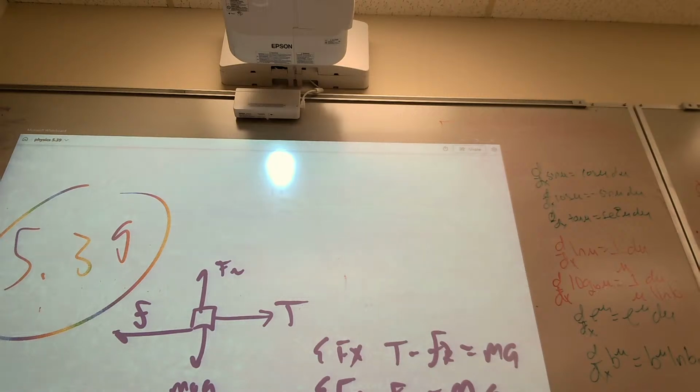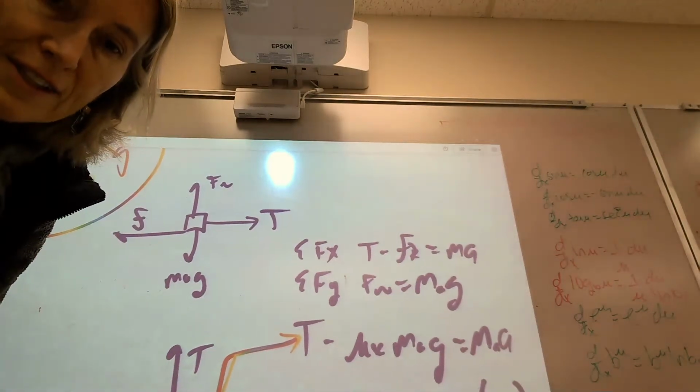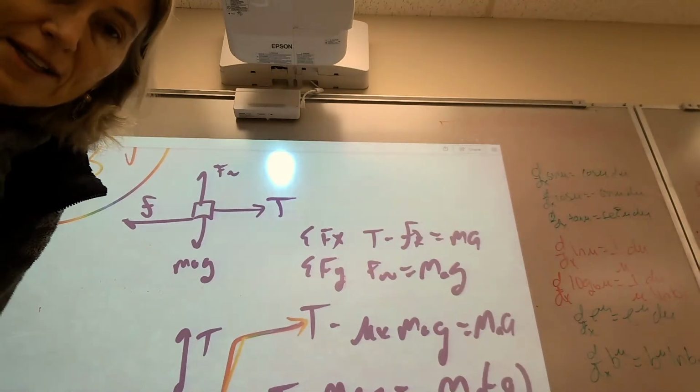Remember, the one moving down is m negative a. So then we have this, T minus the weight is m negative a, right?